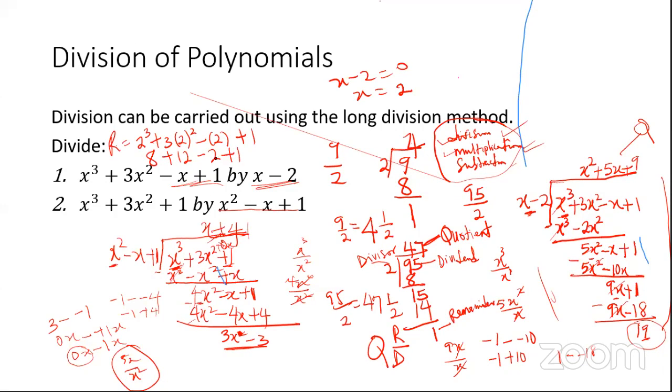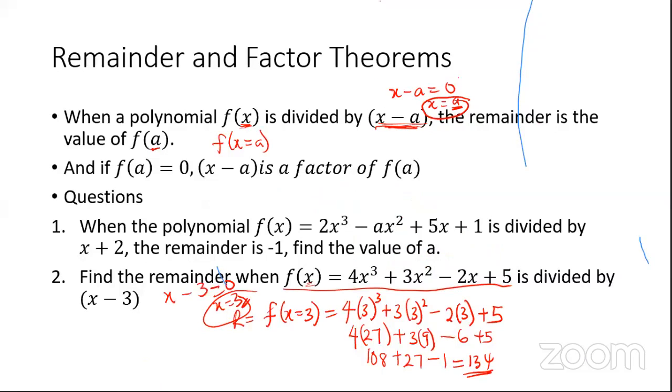So 12 minus 2 is 10. 10 plus 1 is 11. 11 plus 8 is 19. So you can see that we have got the same thing. Instead of going through this journey, if it is the remainder we are looking for, we just use the remainder theorem. But if we need the quotient, the remainder theorem cannot produce the quotient for us. So that's one thing that you need to know there.